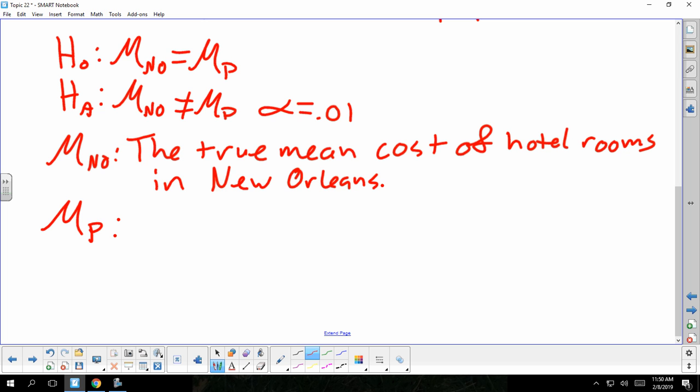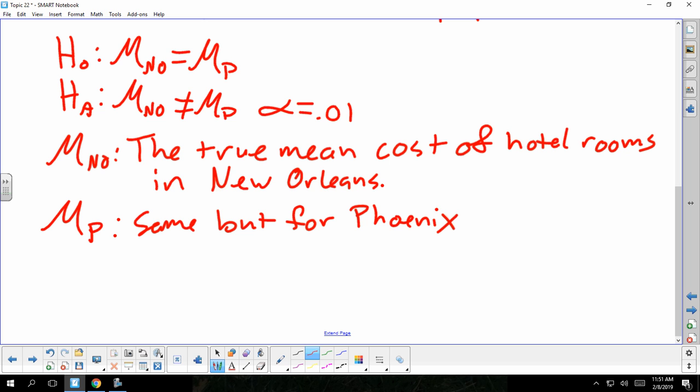And mu Phoenix, same, but for Phoenix. Our first step is all done. Okay. Identify our procedure, identify the null and alternative hypotheses, identify our parameters of interest, and state our significance level.